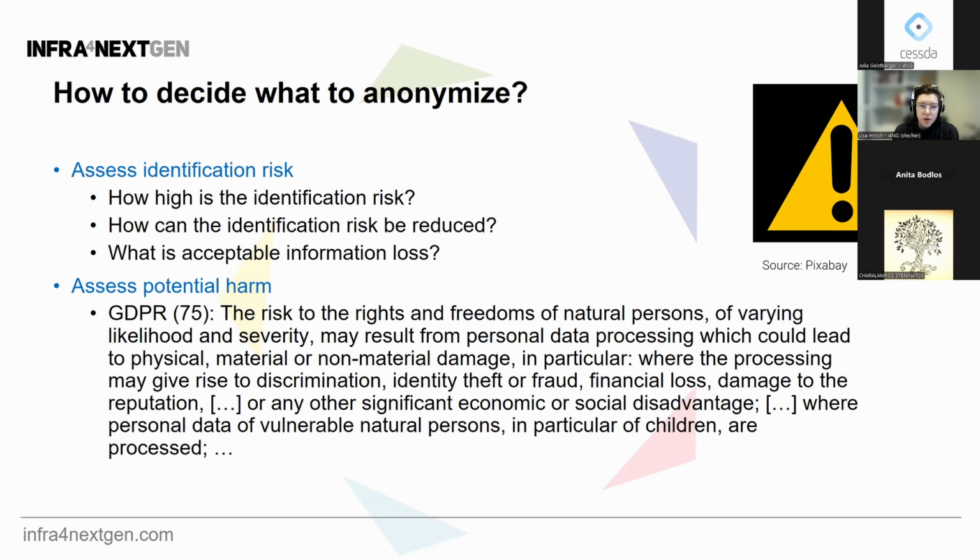So identification risk can be assessed by asking how high the identification risk is, how that can be reduced, and what acceptable information loss is. As I said before about the income brackets, is the information loss that you have to suffer from not knowing the exact household income, but knowing a general bracket.